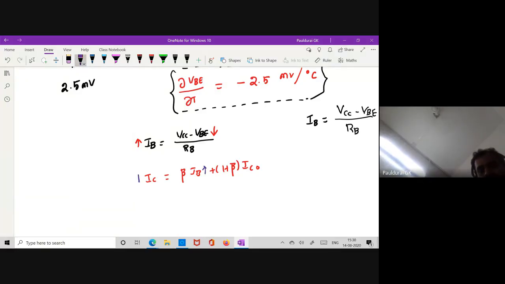IC also increases. So what is happening: when temperature increases, VBE decreases. If VBE decreases, IB increases. If IB increases, then IC also increases. This is the flow. Please make a note.